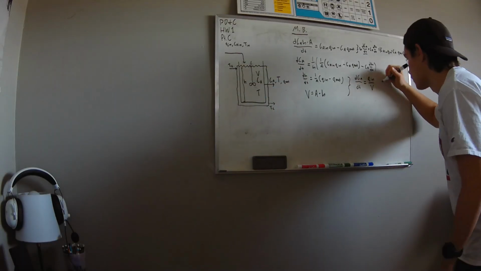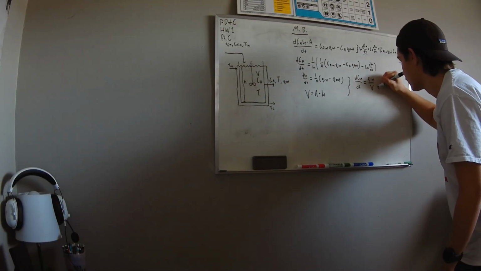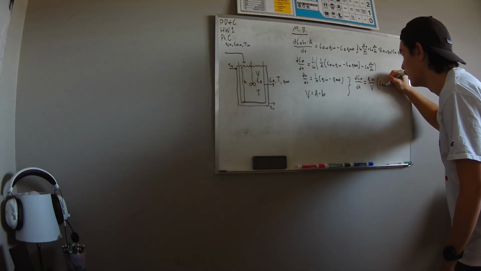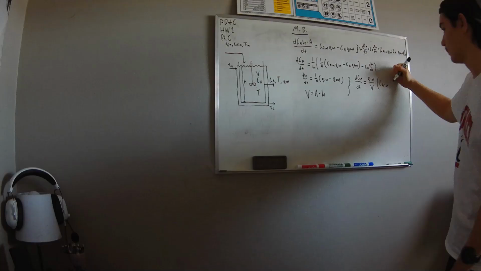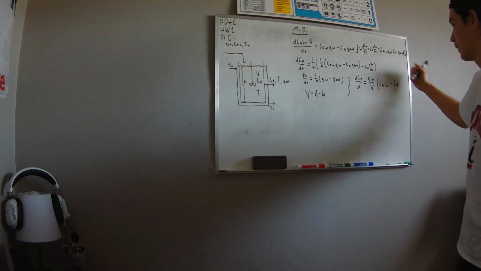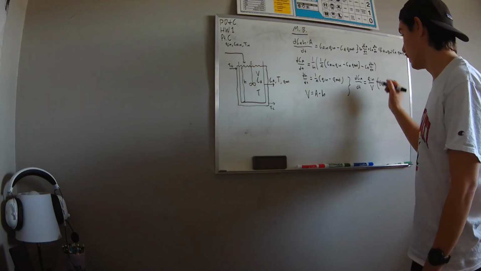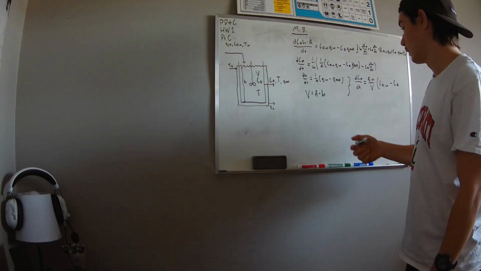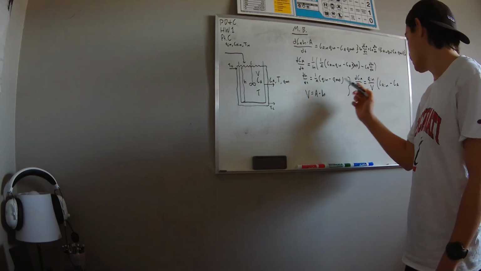And all that leaves us with is our CAn minus our Ca, as we can completely eliminate our Q out by again subbing in this equation.